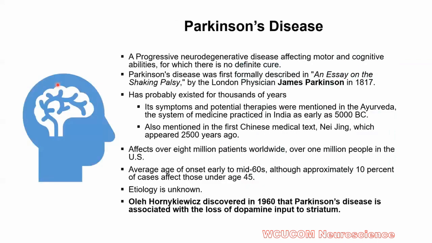the typical idiopathic Parkinson's disease is the second most common neurodegenerative condition after Alzheimer's disease. There is no definite cure for it. It was originally described by James Parkinson, a physician from London, in 1817, but it probably has been known for a very long time.